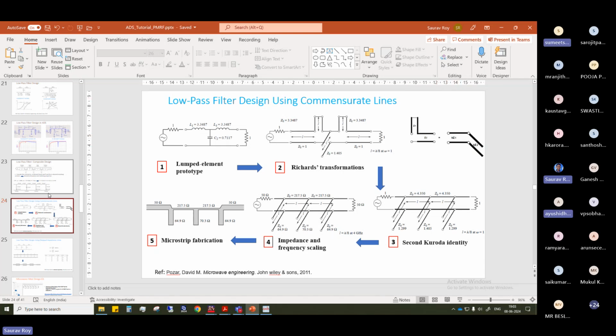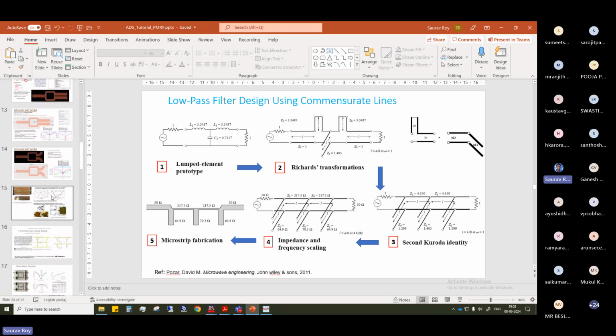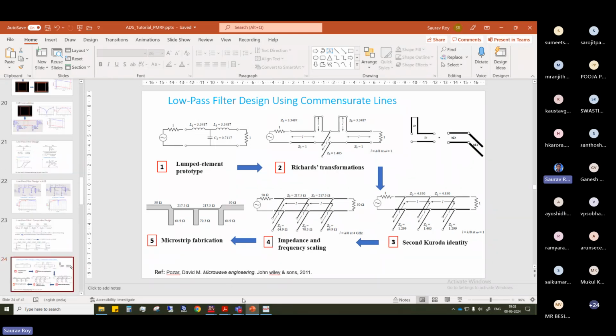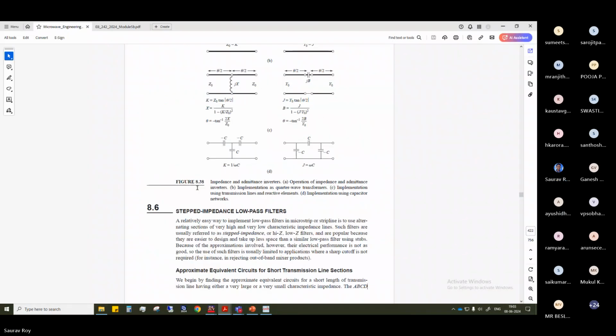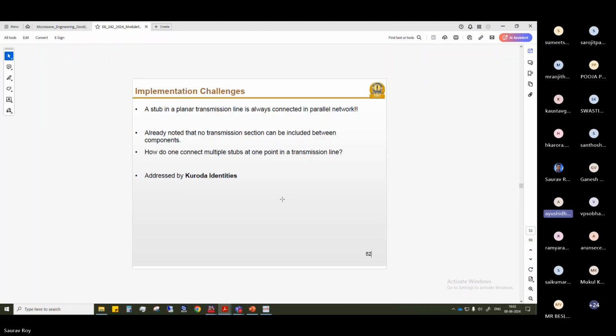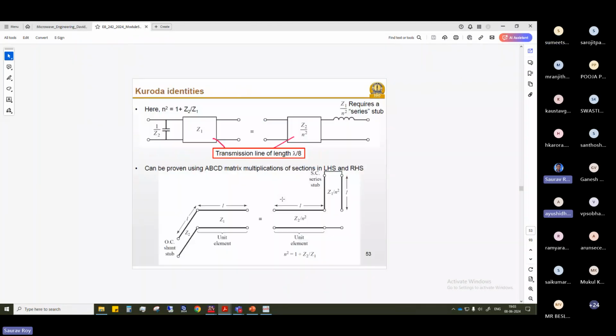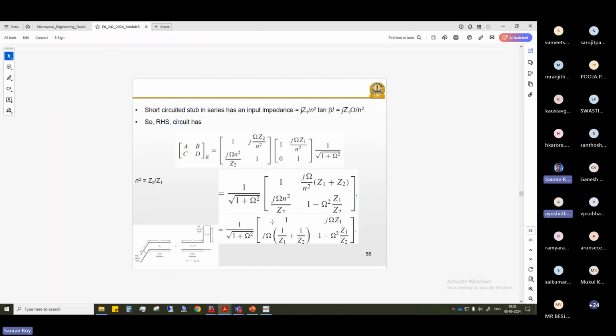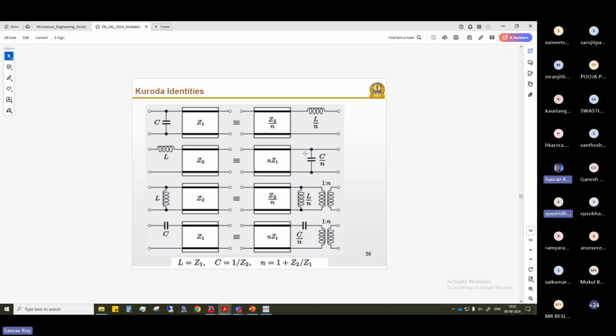The K comes from, if you remember from theory, I'll show you. Here K comes as 1 plus Z2 by Z1. We are actually talking about the second one here. This is what we are actually using.